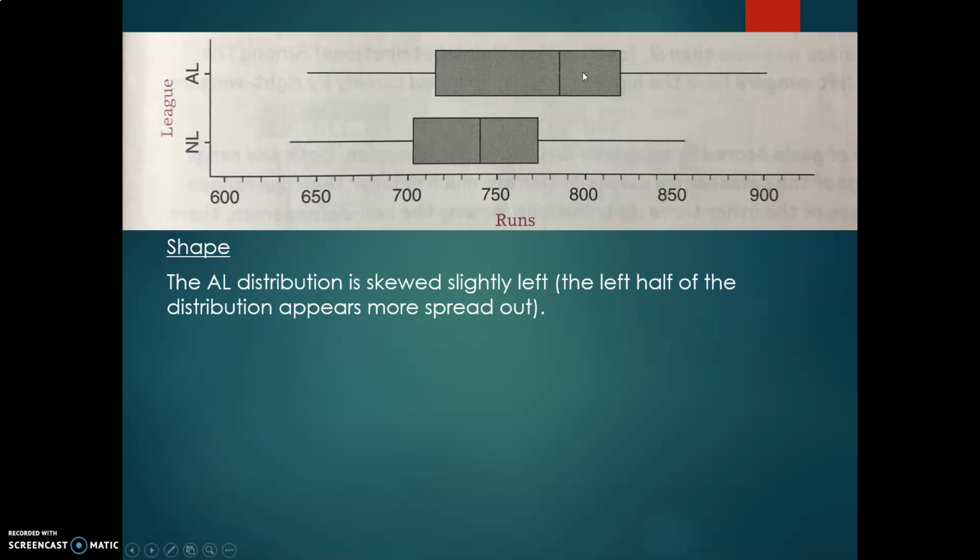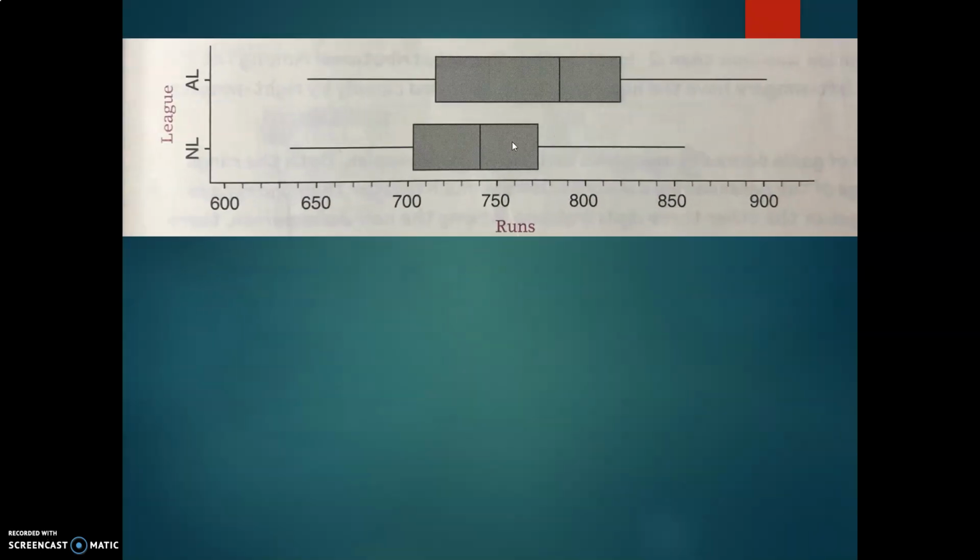That's why we would say that it is skewed to the left. The left half of the distribution appears to be much more spread out. Whereas the NL seems roughly symmetrical. It's roughly the same distance on both sides, the whisker on both sides roughly the same size. So it's roughly symmetrical.